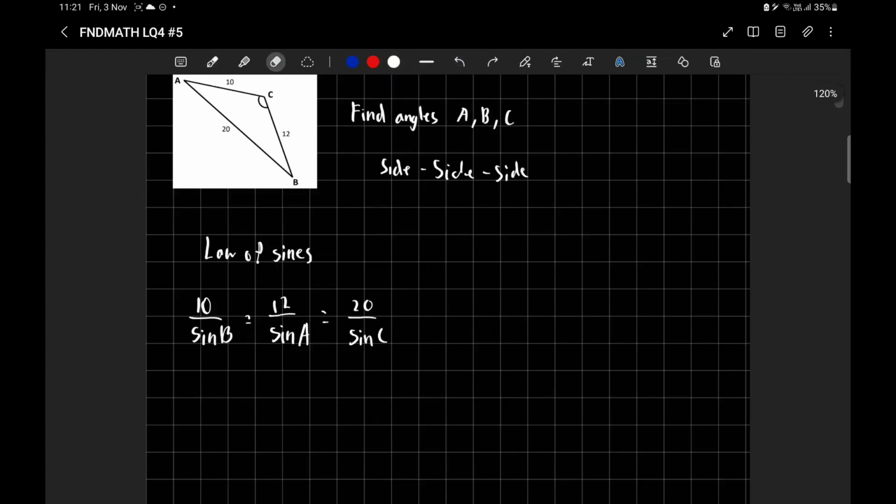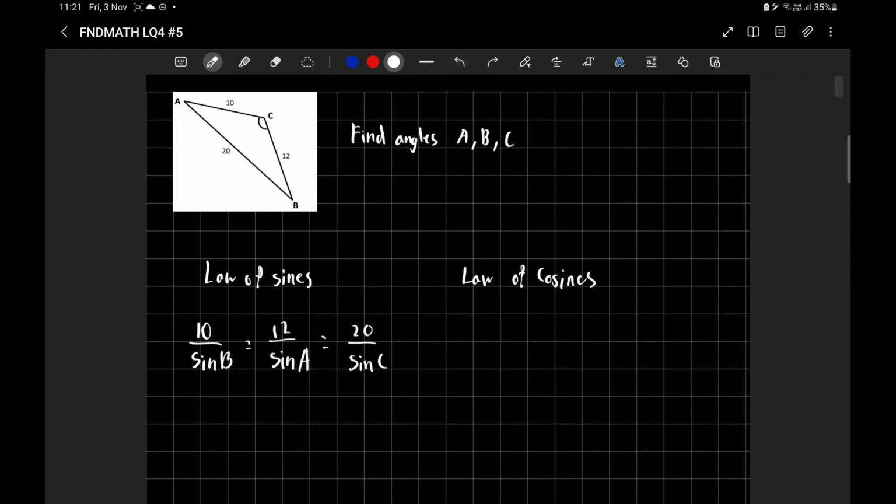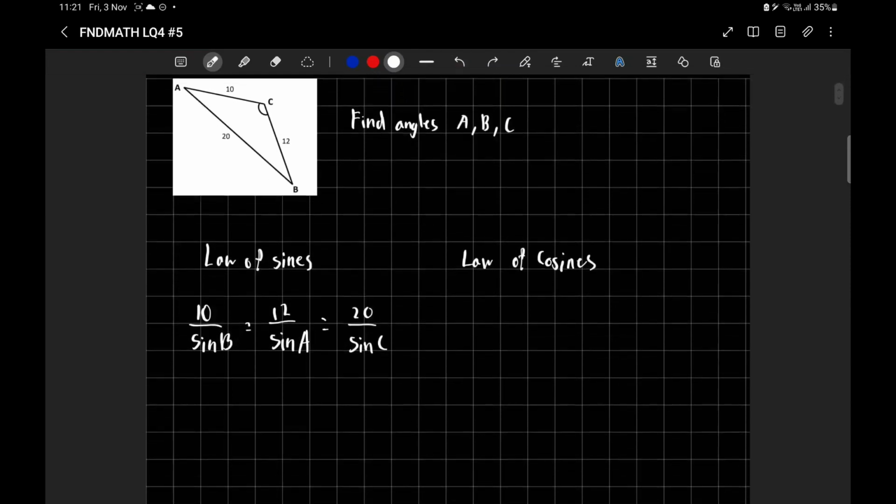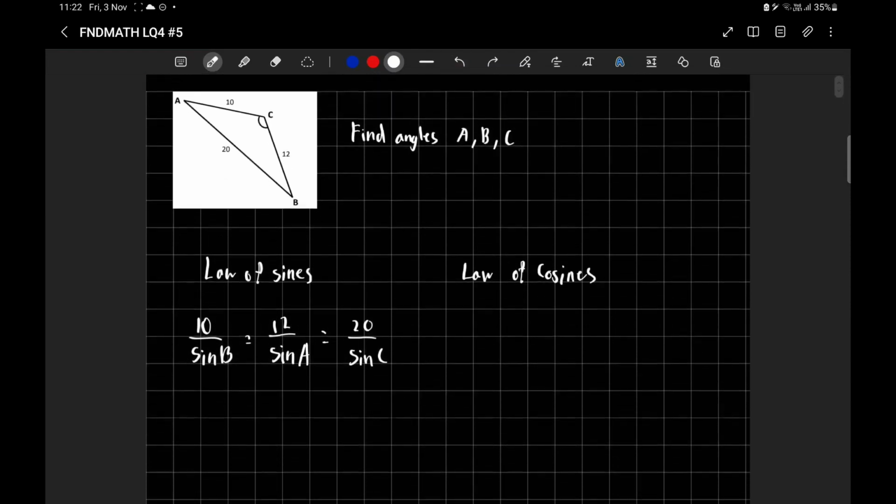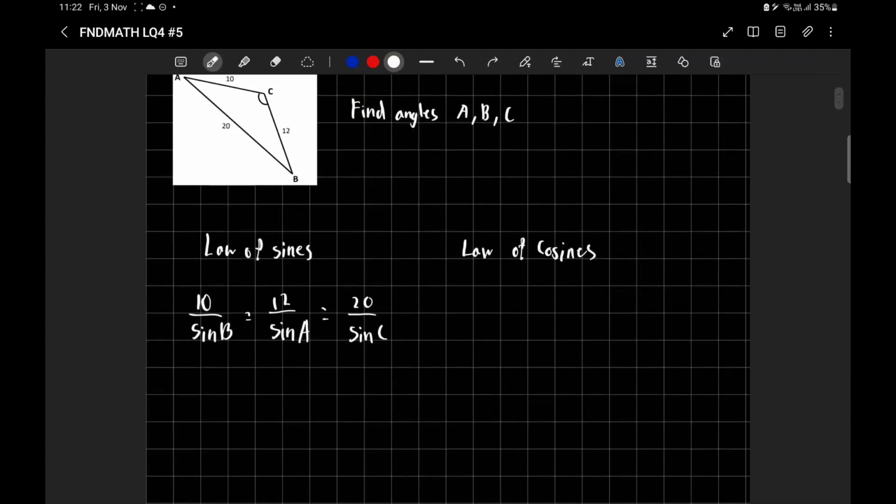So what we're going to do here is apply the law of cosines. That's the trick: if you can't solve the triangle using the law of sines, try the law of cosines. If it still doesn't work, it means there is no solution for that type of obtuse triangle.